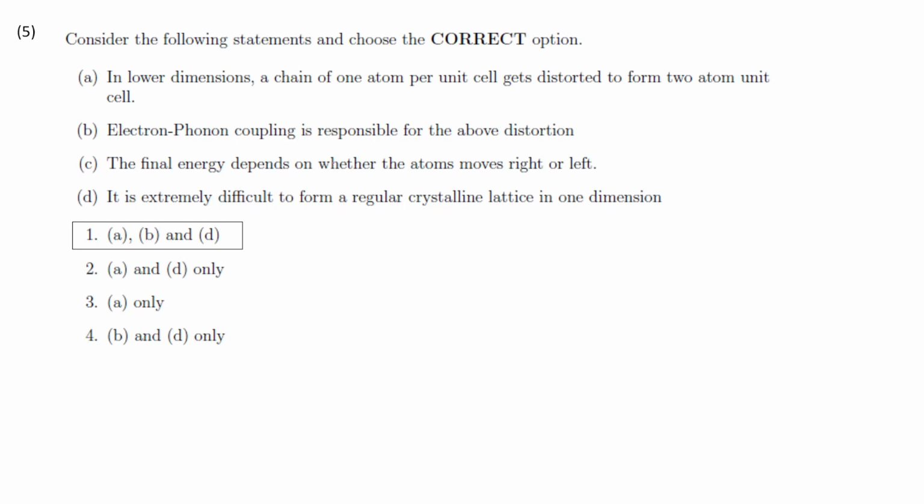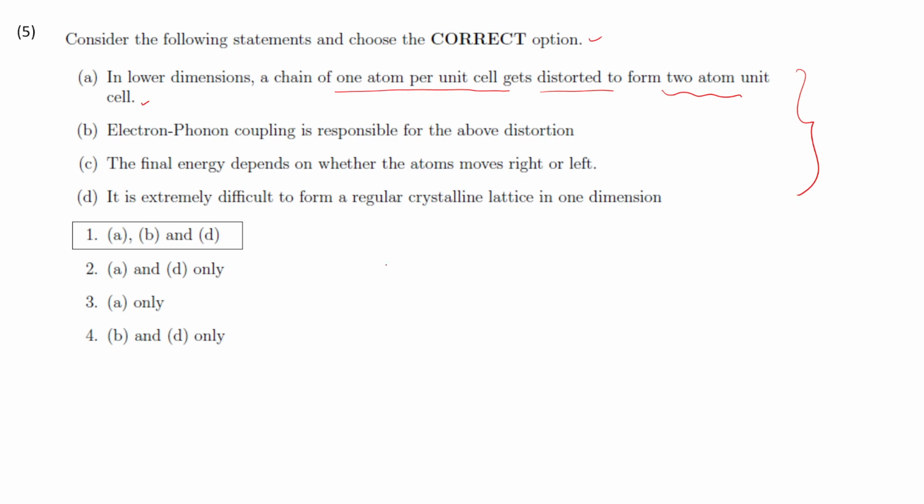What we are asked is, consider the following statements and we have to choose which of these statements are correct. In lower dimension, a chain of one atom per unit cell gets distorted to form a 2-atom cell.